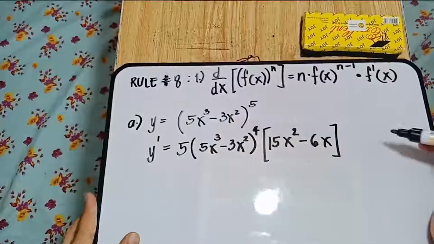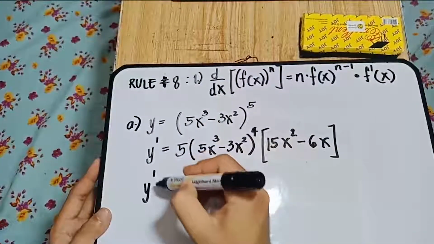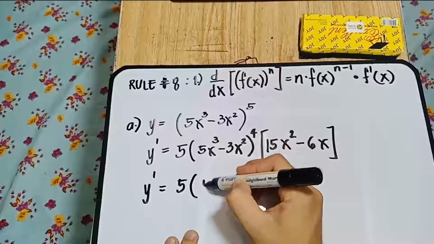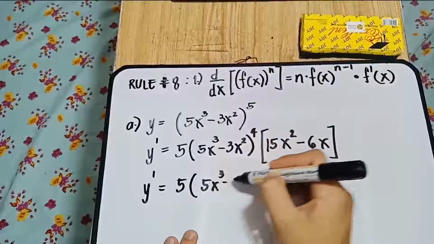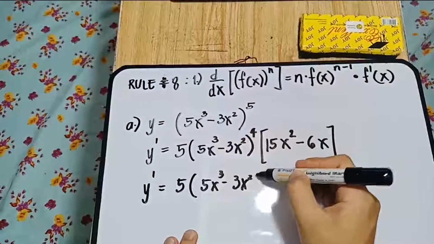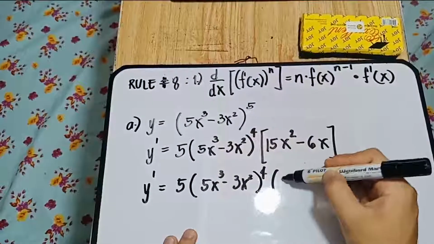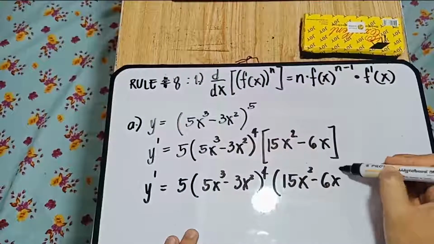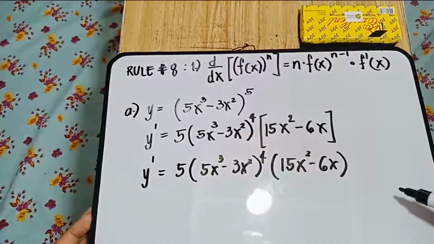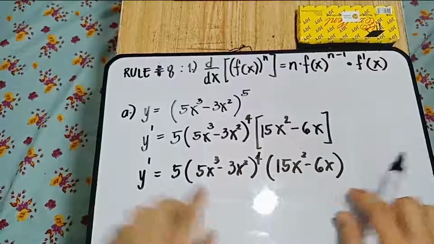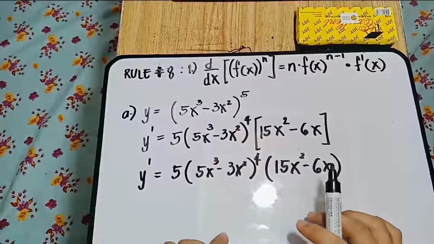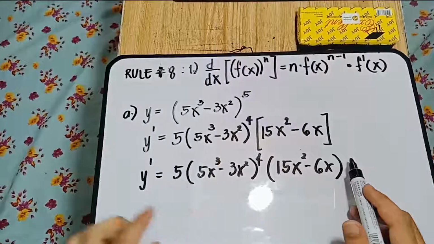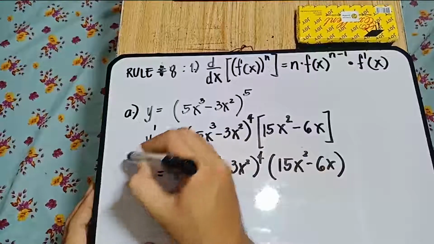Then, simplify. Y prime will be 5x cubed minus 3x squared raised to 4 multiply by 15x squared minus 6x. So, di natin pwedeng pagsamahin yan or FOIL method kasi ang may exponent tayo doon na 4, dito naman ay 1. So, yan na yung ating final answer.